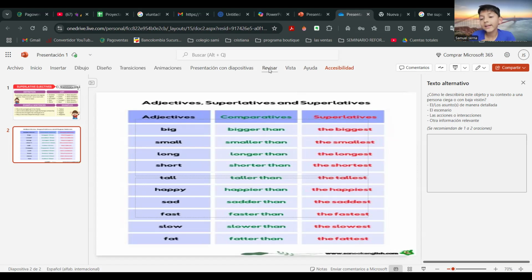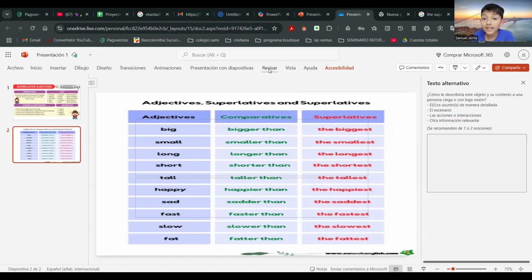It's one example. In the superlative, this toy is the shortest.